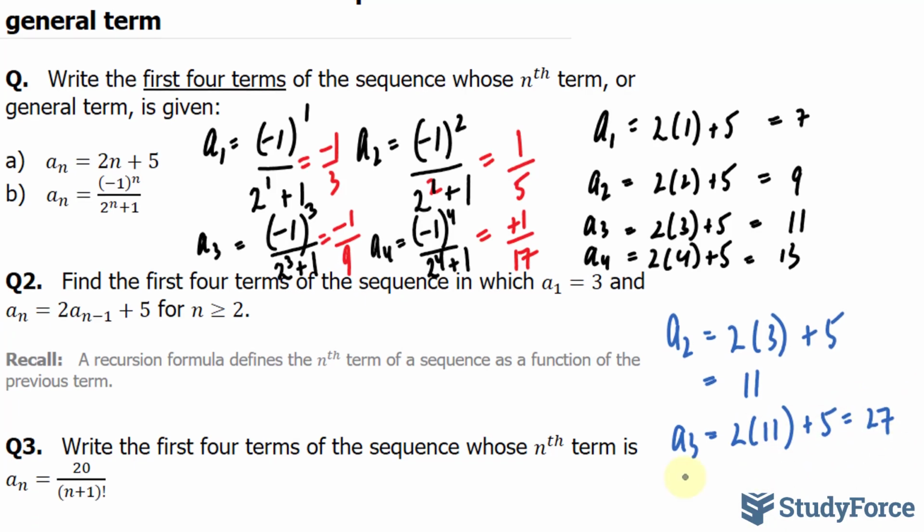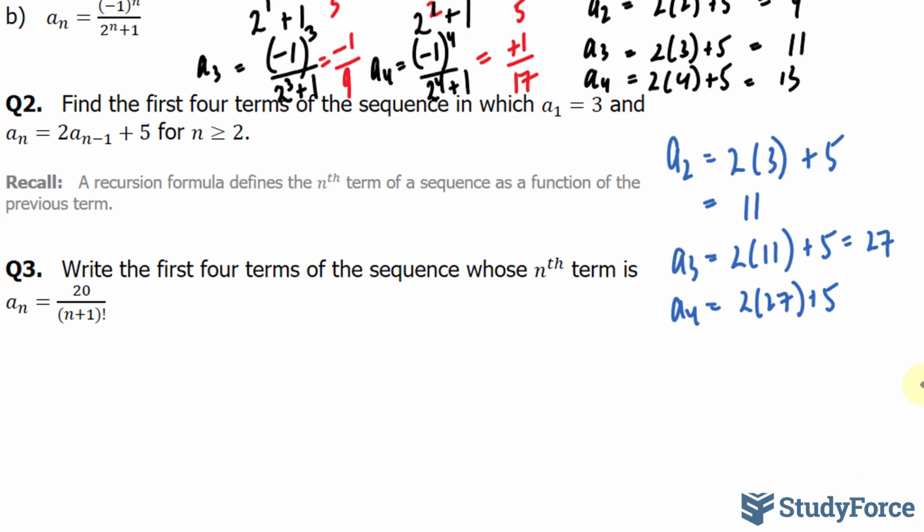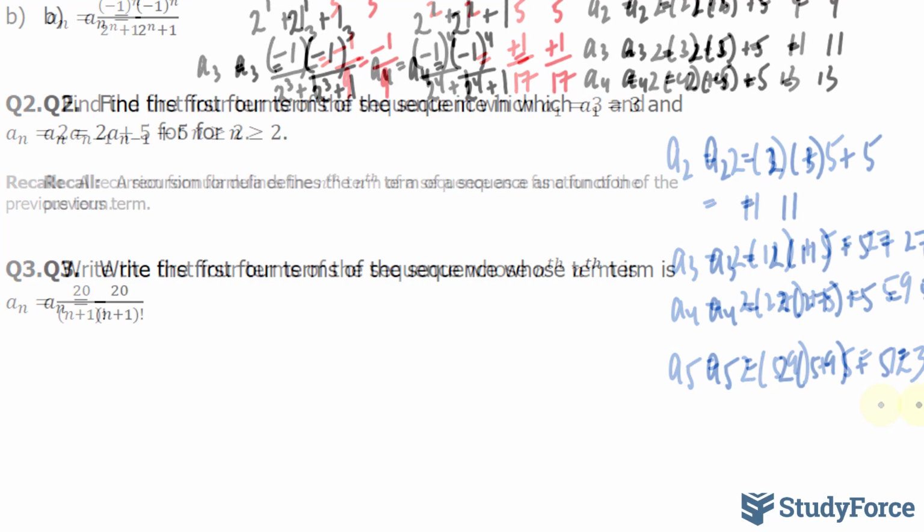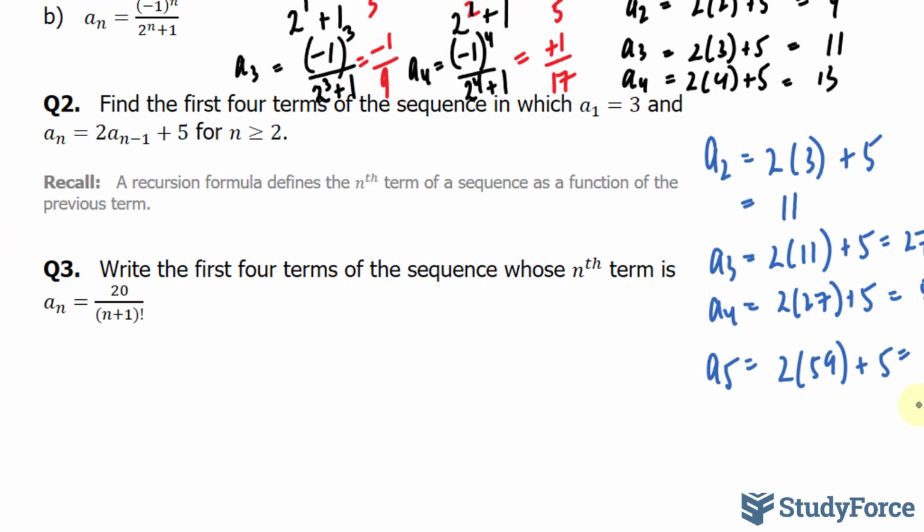We'll use that now for a sub 4. 2 times 27 plus 5, and that is equal to 54 plus 5 is 59. A sub 5 is 2 times 59 plus 5, and that is equal to 123.